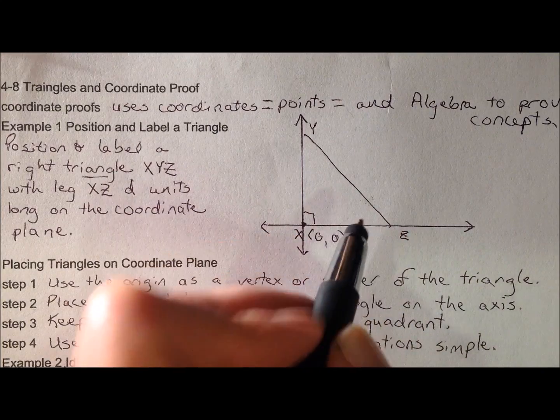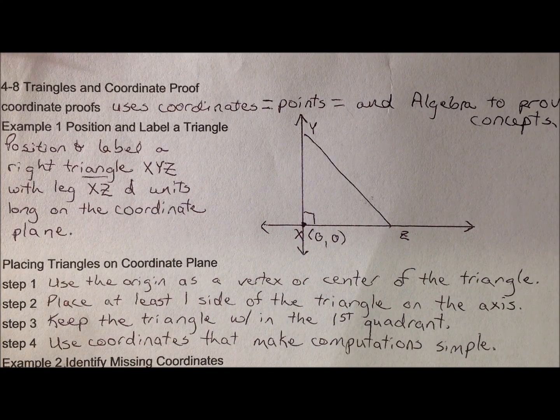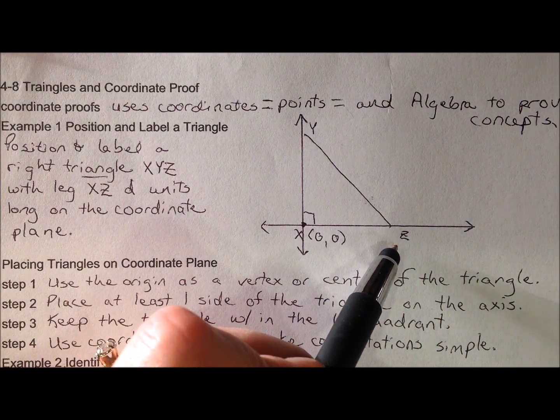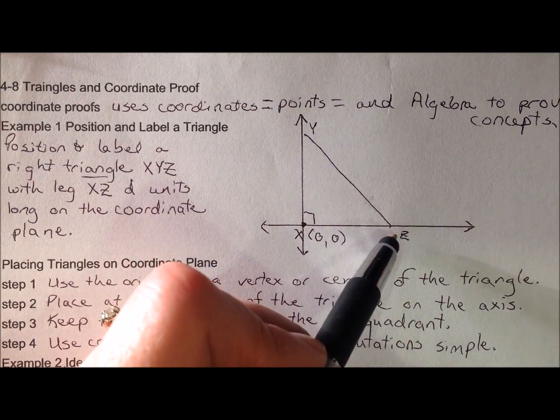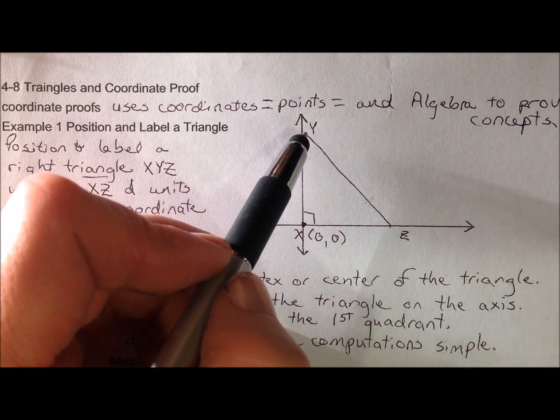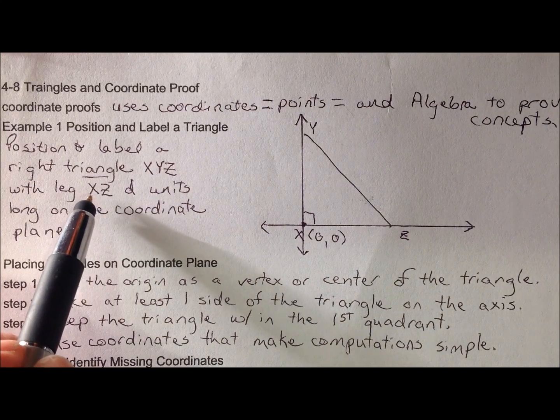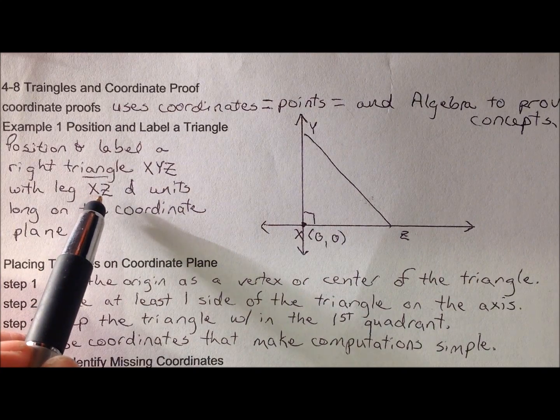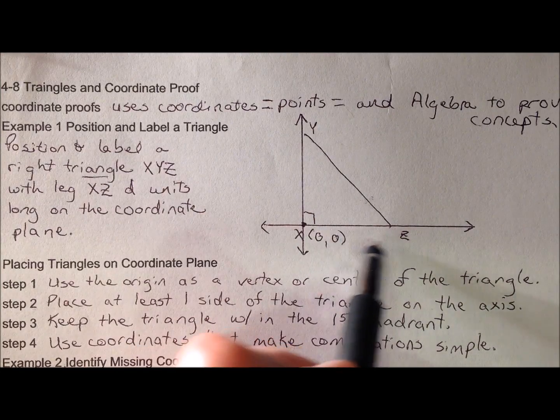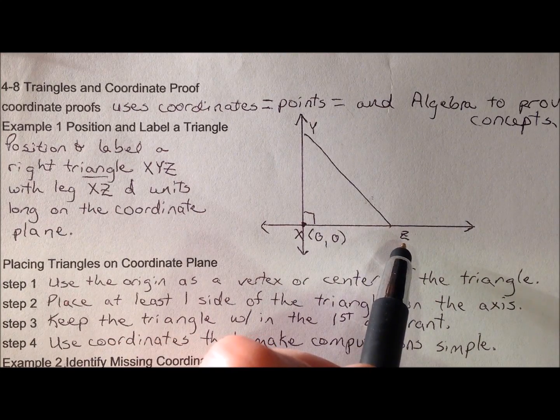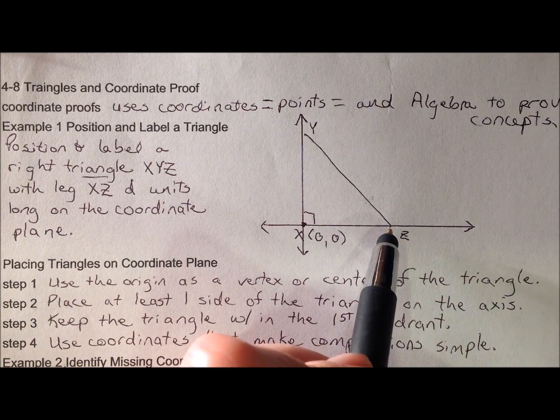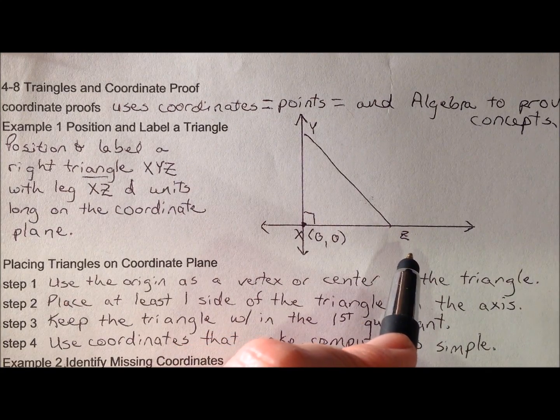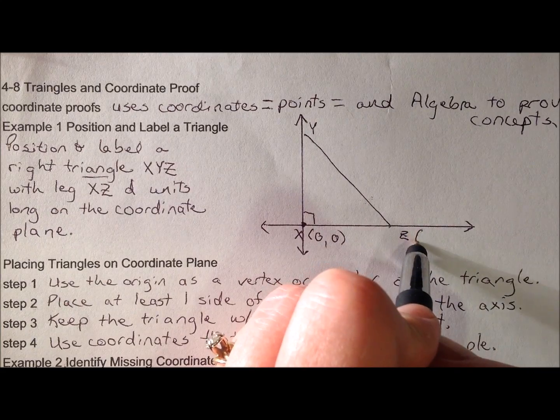But we need to figure out our coordinates for z and for y. The directions also tell us that we need leg x, z, so that's this leg right here, to be d units long.